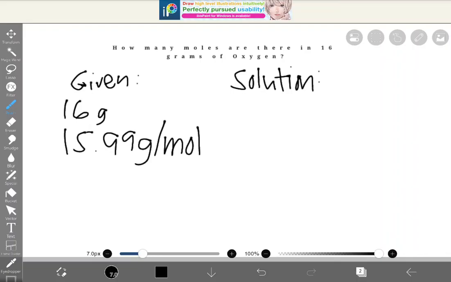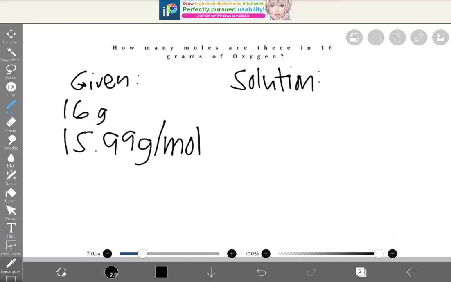Now, how do we convert grams to moles? Since we have 15.99 grams per mole, there are 15.99 grams in 1 mole. So we can convert this with the following solution. First, you need to write the given.